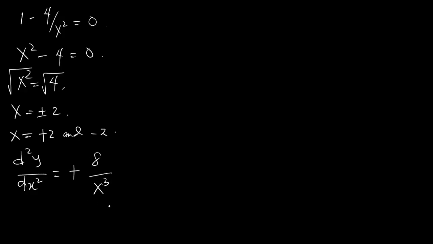So now let's look at x equal to 2. d squared y all over dx squared will give us 1 plus 1, meaning this is greater than 0. So that is a minimum point.